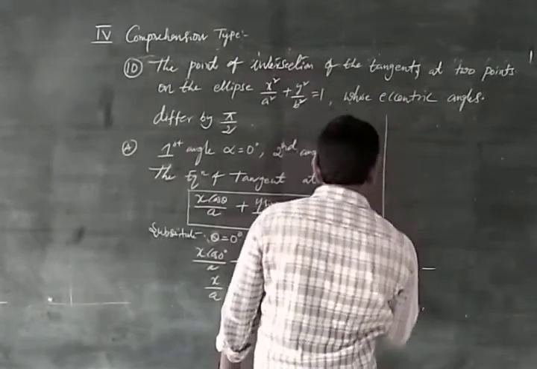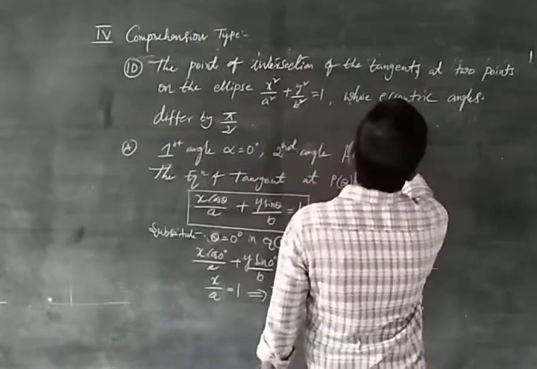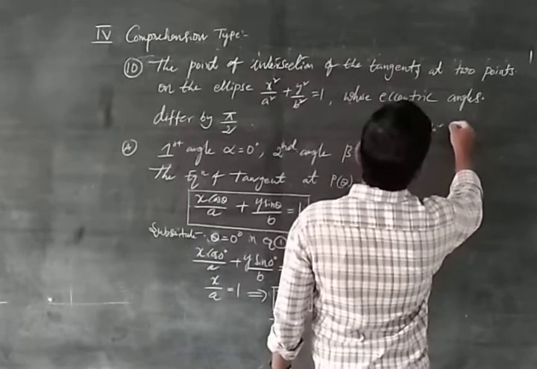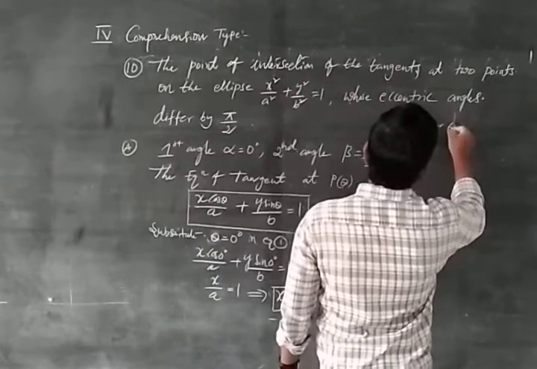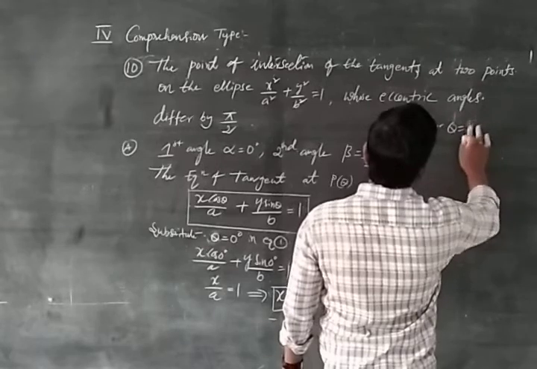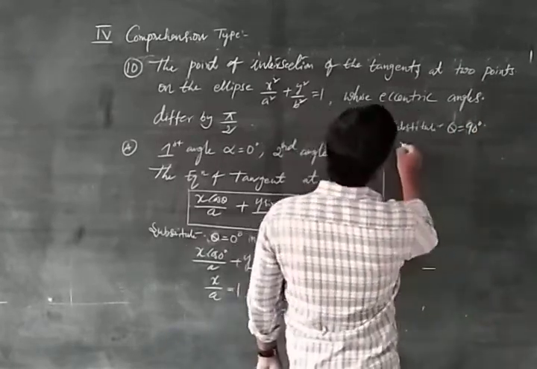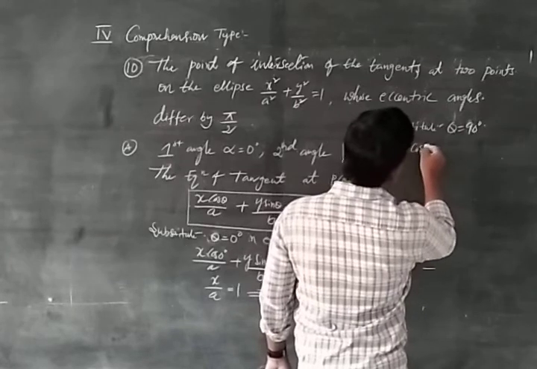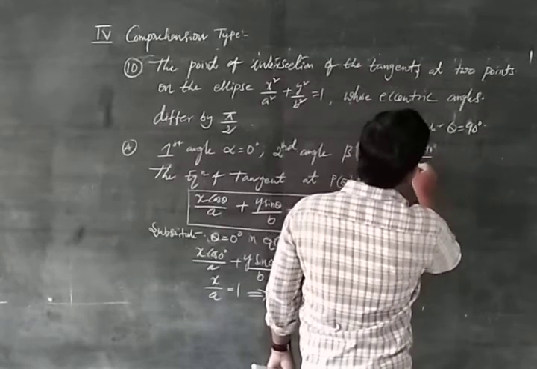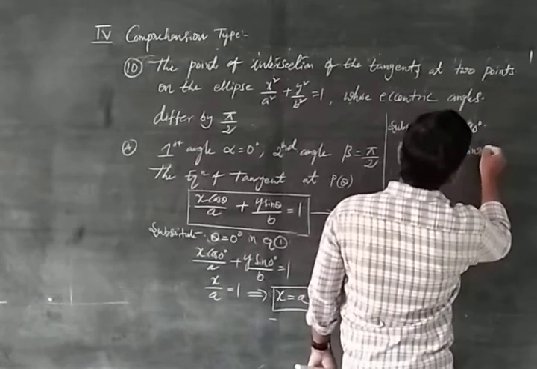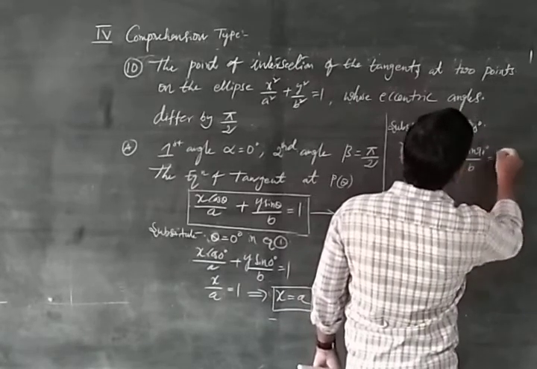Next, substitute theta equal to 90 degrees. x cos 90 degrees by a plus y sin 90 degrees by b equal to 1.